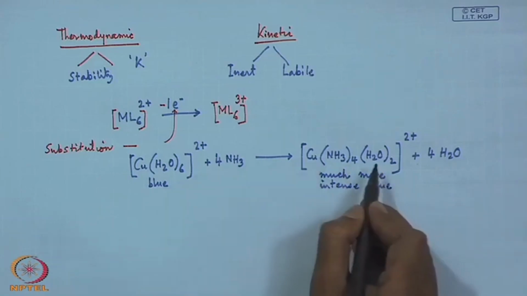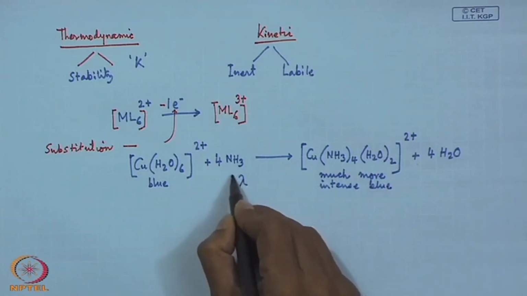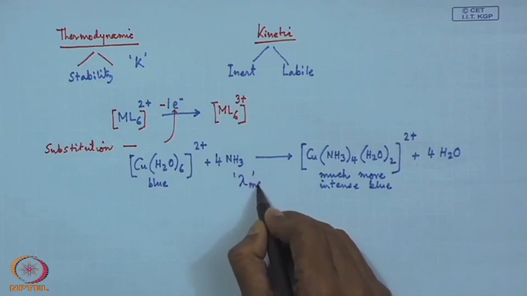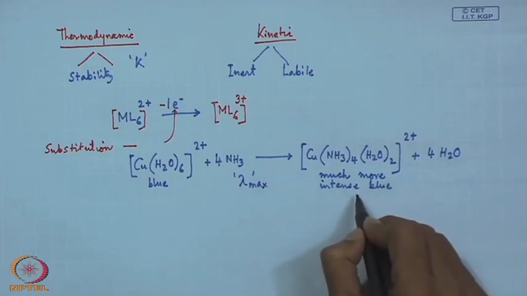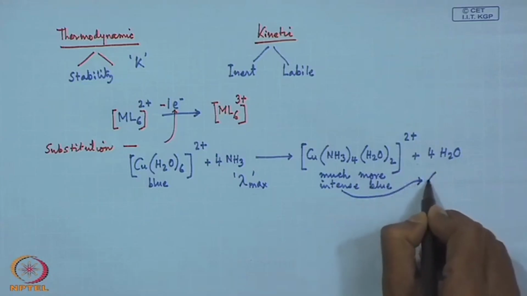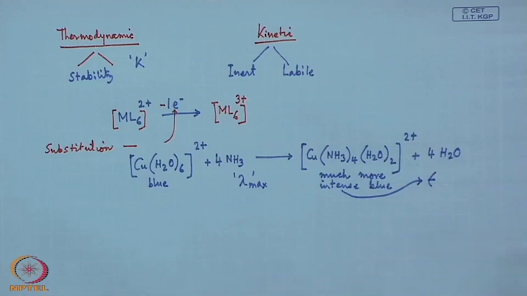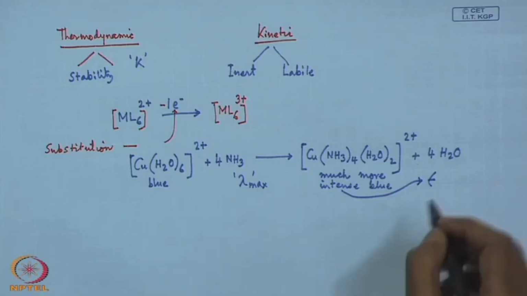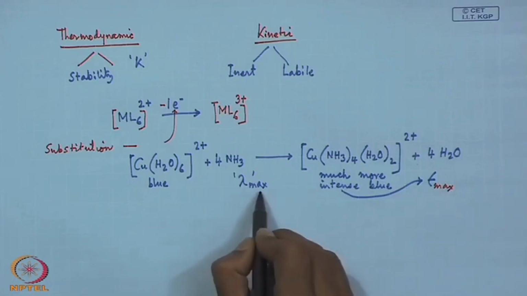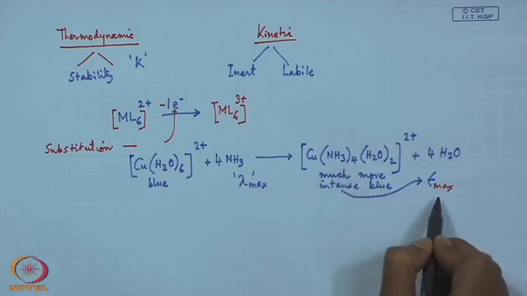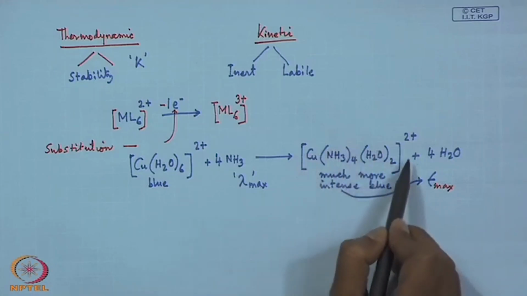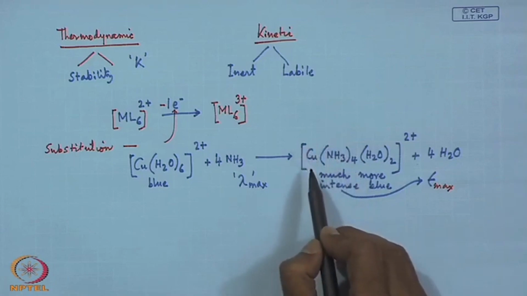If there is a slight change in the corresponding lambda values with a change in the corresponding epsilon value, that means the intensity is changing, the molar absorptivity is changing, that means the epsilon max is changing. So, by looking at the corresponding lambda max and epsilon max for this compound, we can monitor the formation of this particular reaction very quickly.